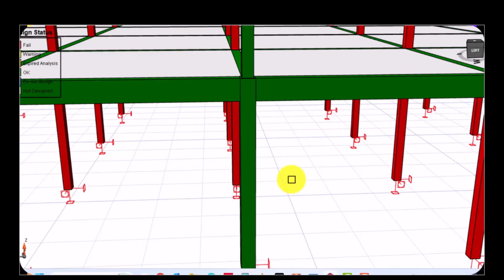When you have a long column, we are always thinking of the slenderness of that column. So 225 by 225 columns have low stiffness, so they buckle easily. As we increase the height of the story, we're also increasing the height of the column.